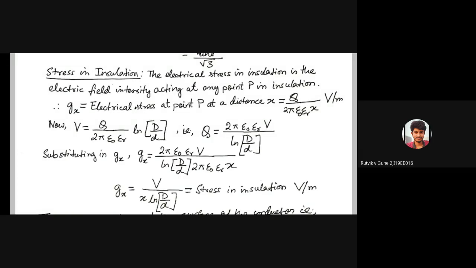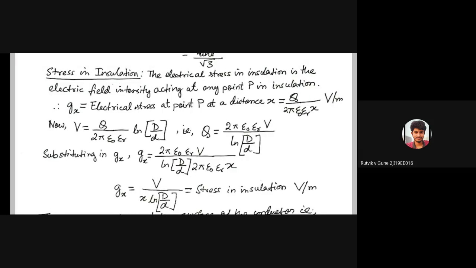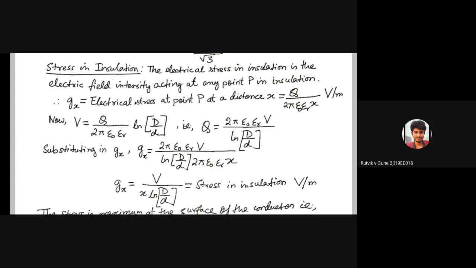Okay, so that stress is this. There is a small derivation part, not a very big or tough one. So stress in insulation is the electric field intensity acting at any point P in the insulation. You saw that point P just before. So at that point P, whatever the electric field intensity is, that is our stress in insulation.